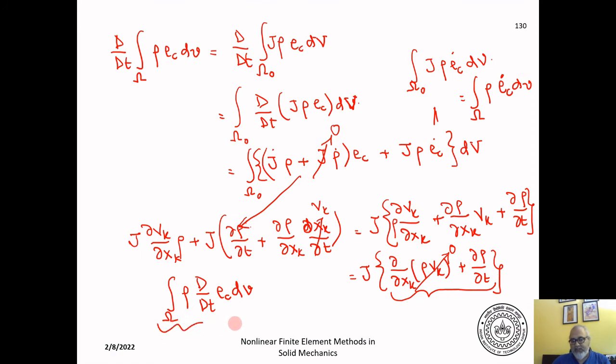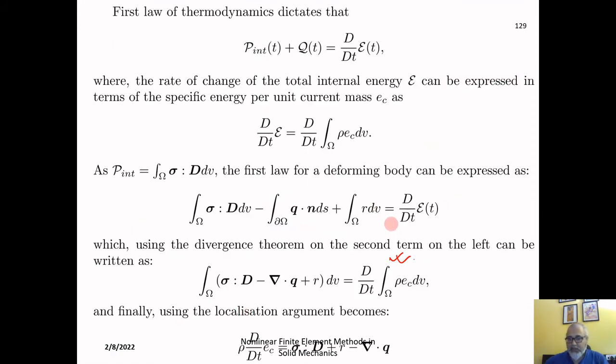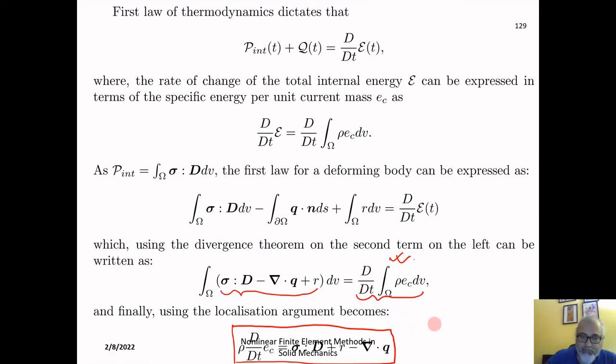Once I have done this, I have handled this term. Now everything is d small v. I can use the localization argument and I get rho d/dt of EC on one side and these things on the other. So this is my expression for the first law of thermodynamics for energy balance in the deformed configuration. This is a very important equation that we are going to use.